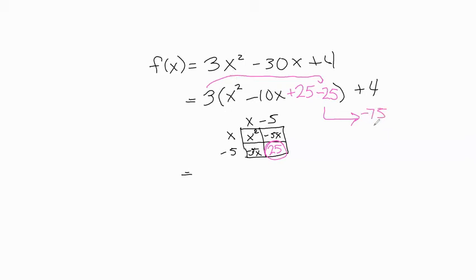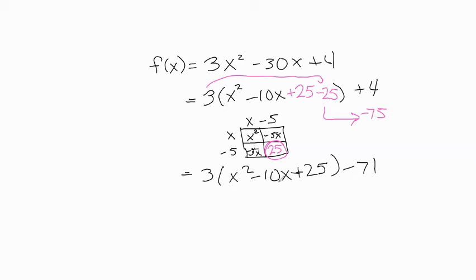So let's see what we have left. We have 3 times x squared minus 10x plus 25. And then on the outside, we have this -71. Again, this -25 got kicked out to the outside and combined with the 4 to get this -71.